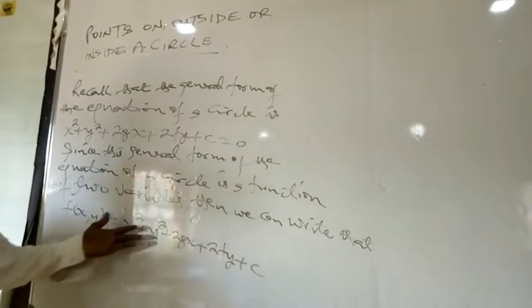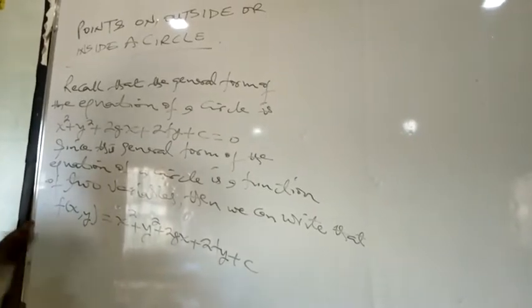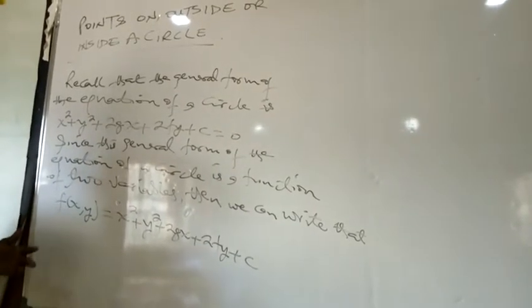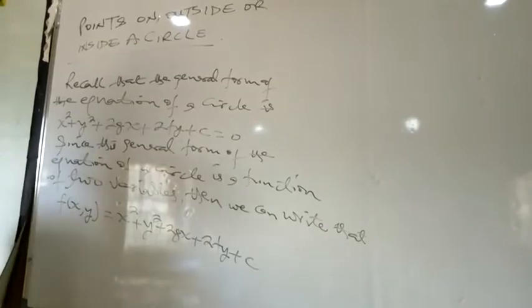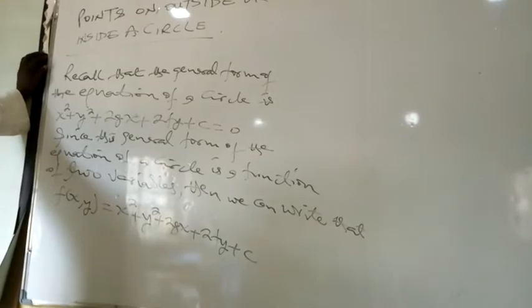In other words, this circle is a function of two variables, and the mathematical way of expressing a function of two variables is to say f of x, y. So this is what we have.